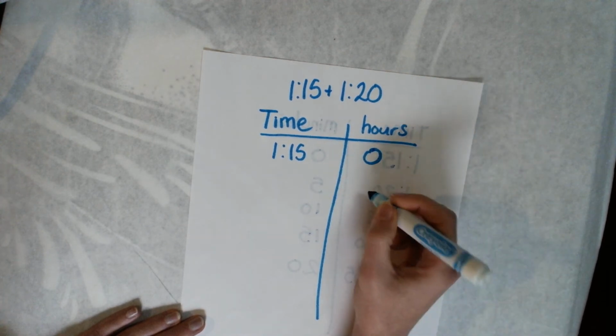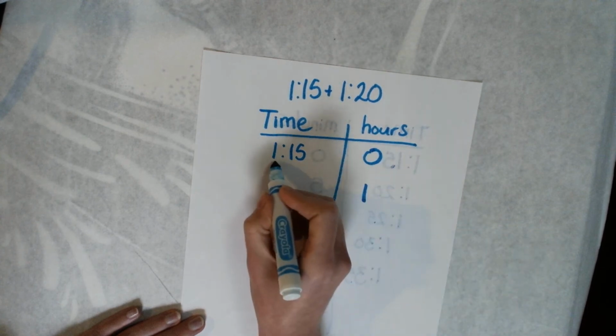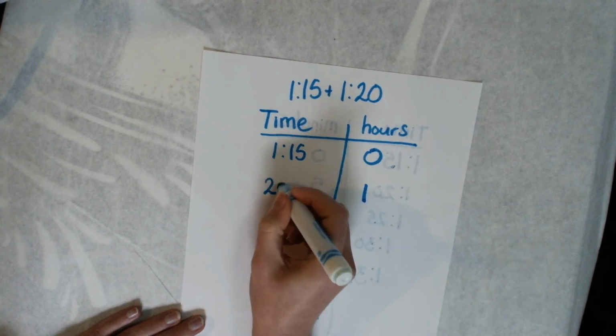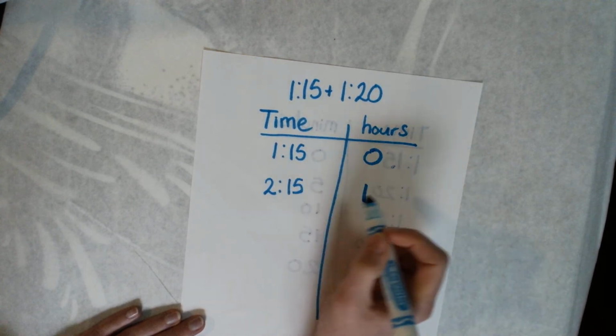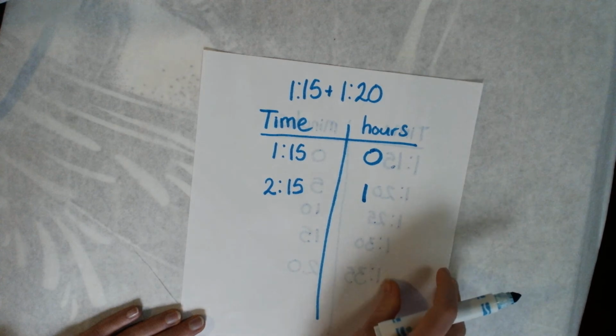And then let's see what it'll be in 1 hour. Remember, in 1 hour, the digit in the hours place is going to go up by 1. So in 1 hour, that'll be 2:15. After you add the hours, always add your hours first. Then you can go back and add the minutes.